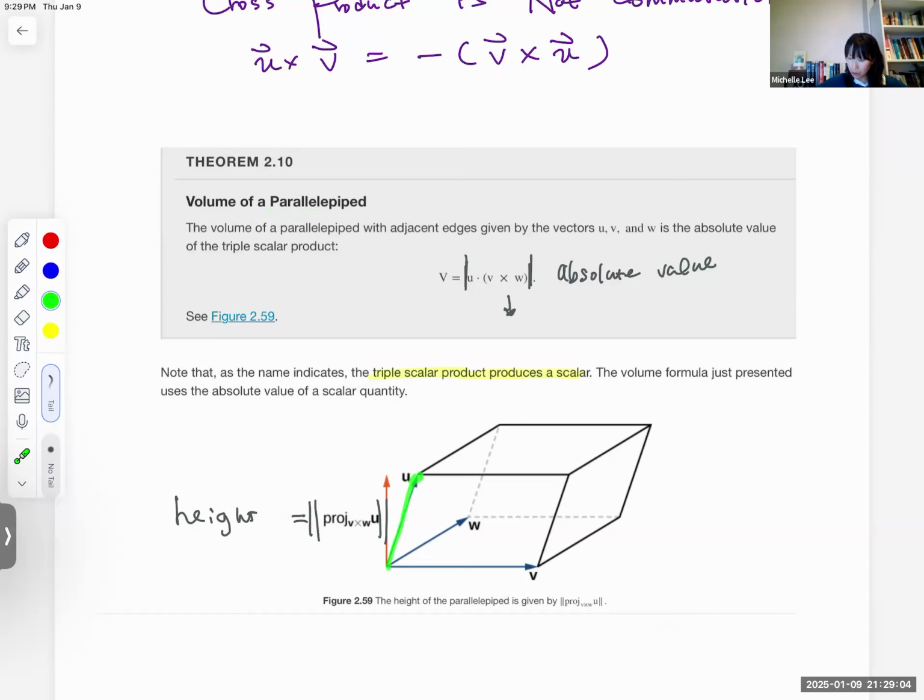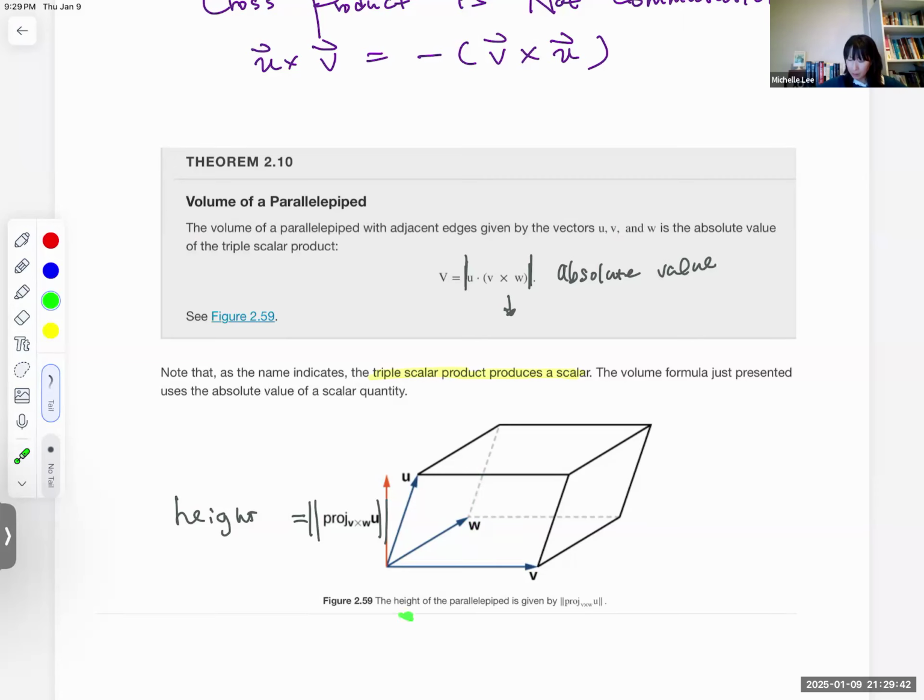So this is a vector U, this is a vector W. Then there is the red vector that will be the projection of vector U onto V cross W. So this is the one. Then this will be the height. Yeah.